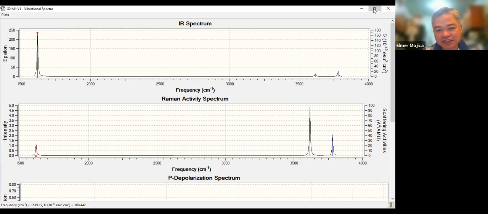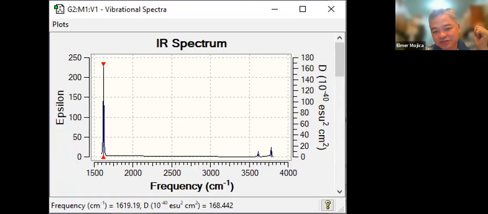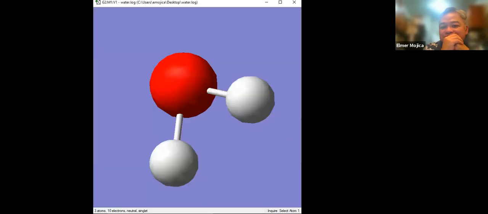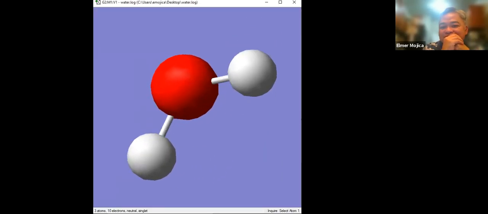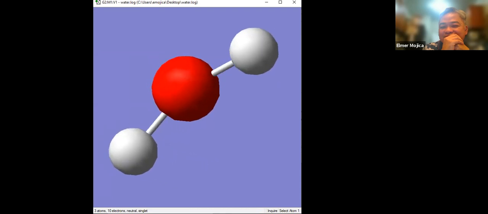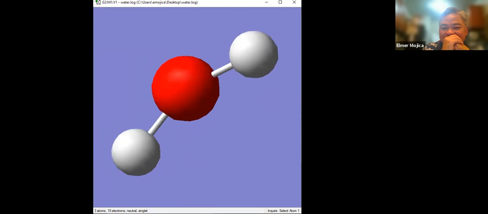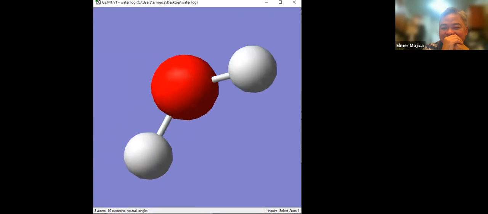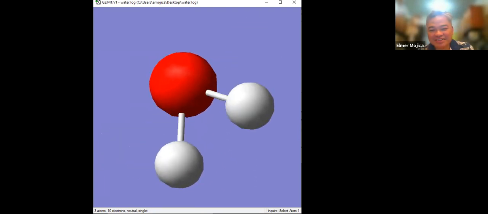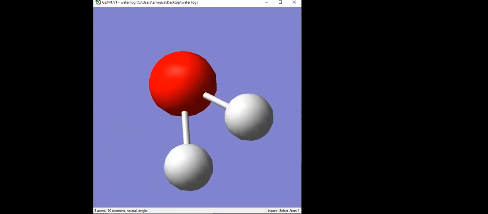Ang gagawin ko ngayon, papakita ko sa inyo kung ano yung frequency na yun. So I'm going to show you the molecule. Anong tawag natin dyan? Is that stretching or bending? Kita nyo ba? Bending po ba, sir?